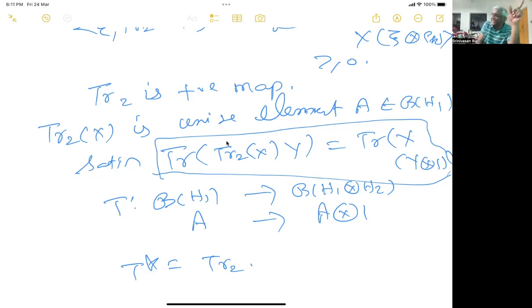That is because you are acting as a linear functional. The linear functional on trace class operators is given by B of H using the trace, right? So X is acting as a linear functional on that, and you are acting it on Y tensor 1. That gives a linear functional on this. You have to think about it. It's not very easy.